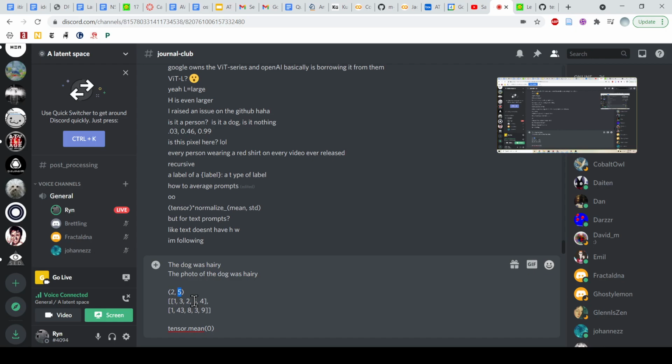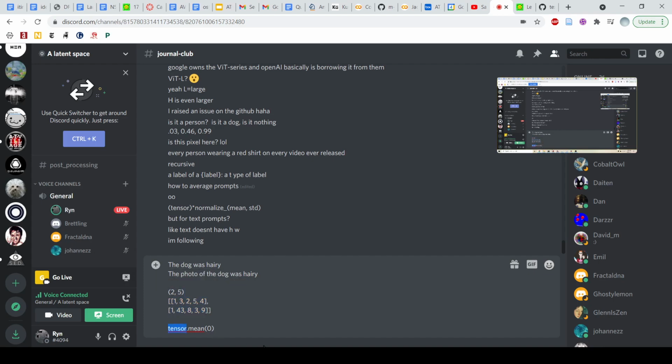And so you want this dimension to stay. You still want to have 5 numbers because you want to keep the representation and just get the average of the 2. So you just take the mean across the 0th dimension, the 2. That'll average those 2 vectors, lists of numbers, together.